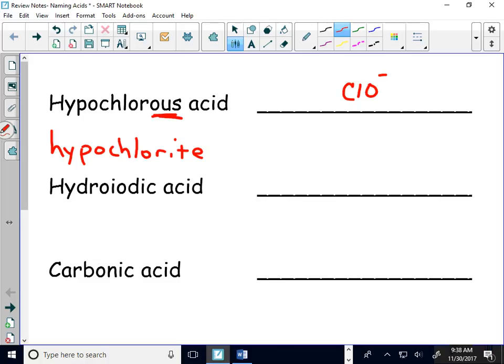How many hydrogens do I need to make that equal to 0? 1. So I get that charge out of there, and I add my 1 hydrogen, and I've just now written the formula for hypochlorous acid.